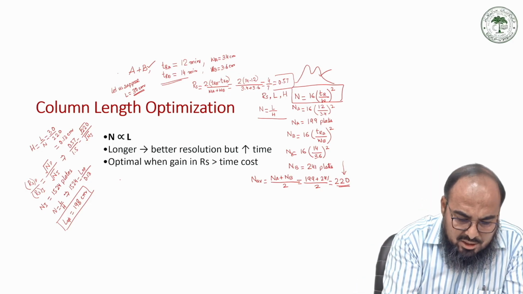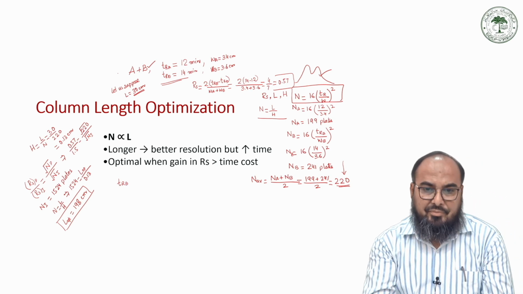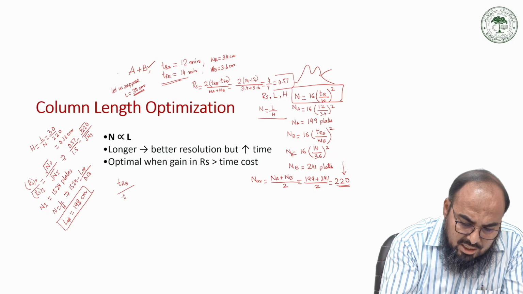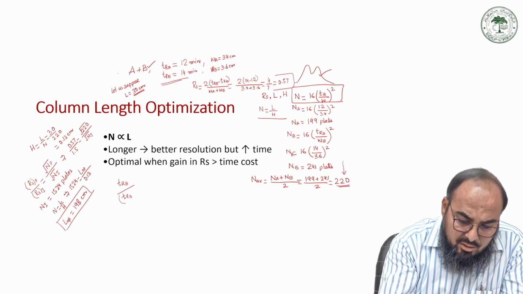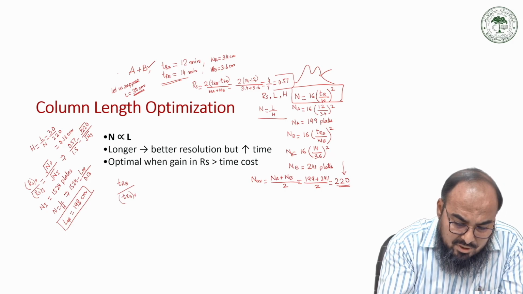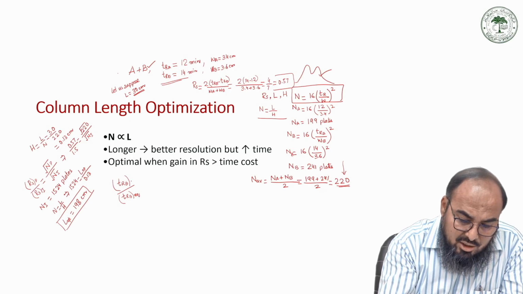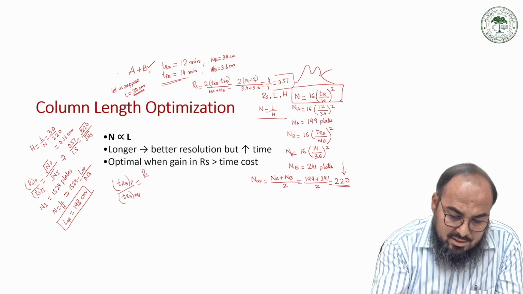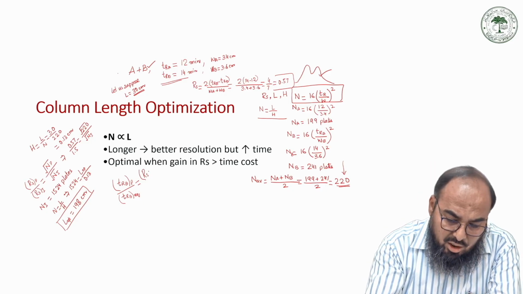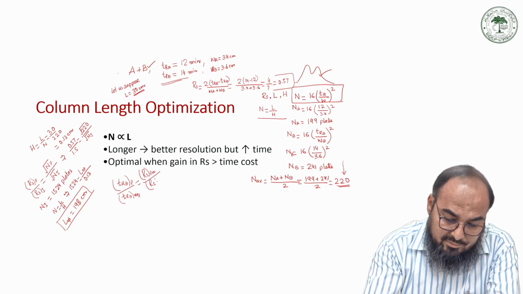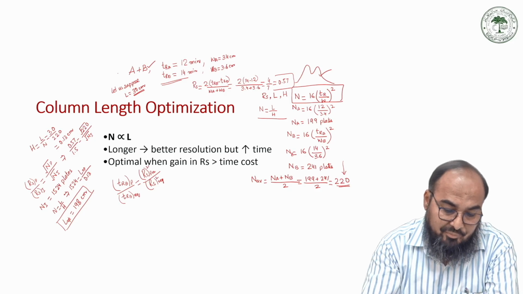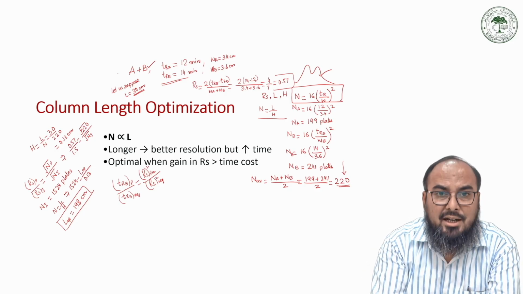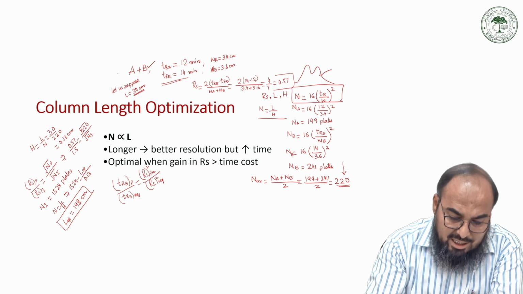So now the calculation is TR of component B, which you are practically getting, upon TR of component B which is required, is equal to RS of the value which you are getting practically upon RS which is required, the square of both. Now practically your TRB is 14 minute.